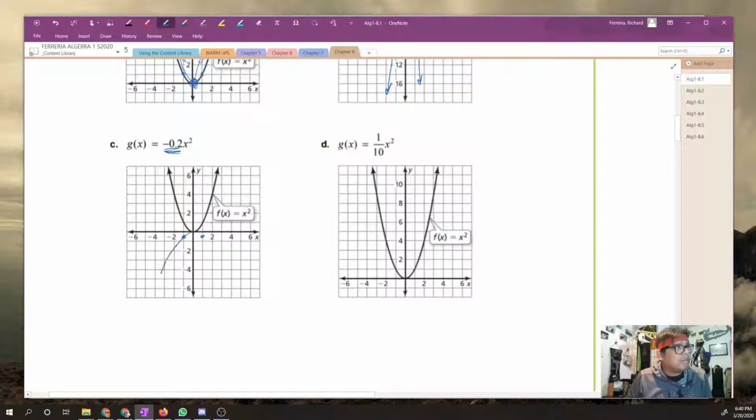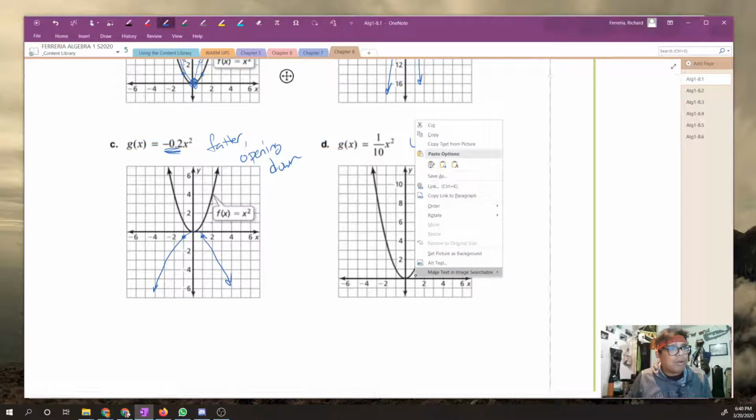So this is going to give me a parabola that looks fatter, opening downwards. This one over here is fatter still, it's 1/10, so this is going to open upwards, and it's fatter. Okay, so 1 and 1/10, that's like right here.